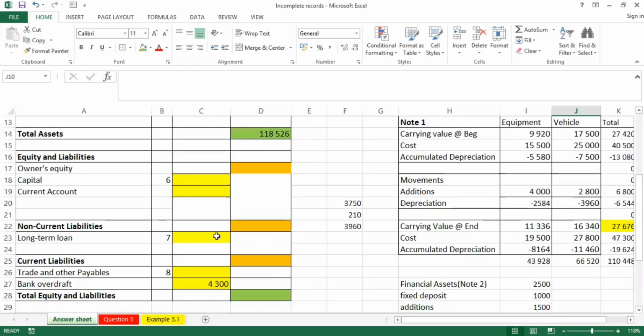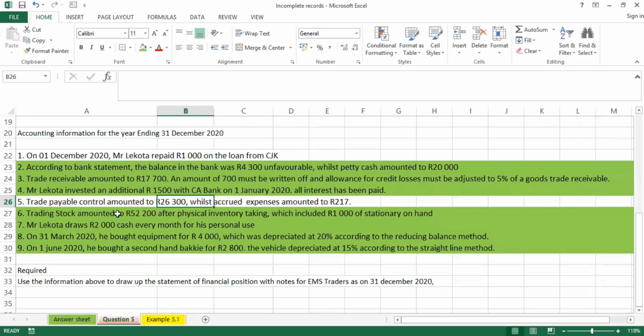So let's try to get our liabilities quickly so that we can get our closing balance. Our trade and other payables, let's see what they're telling us concerning our trade and other payables. Trade payable control amounted to 26,300, whilst accrued expense amounted to 270.